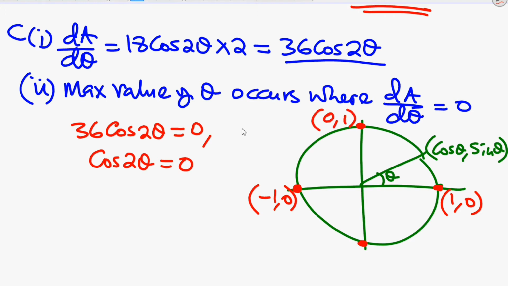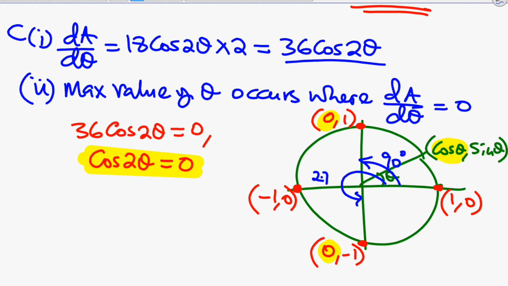Here it's 0, negative 1. By inspection, cos theta is actually the x coordinate, and we want to find where cos theta is equal to 0. That will be at this point and at this point. This angle here is 90 degrees, and this angle here is 270 degrees.